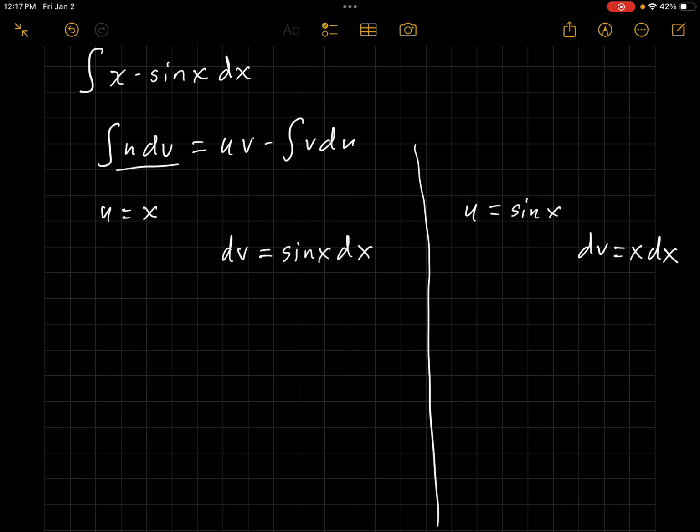Notice I'm starting with u and dv. I need to find v on the right side, and I also need to find du on the right side as well. So looking at my choice on the left, if u is x, then du must be 1 or 1 dx. And if dv is sine x, then v is negative cosine of x. We don't need the plus c. We'll put that at the very end.